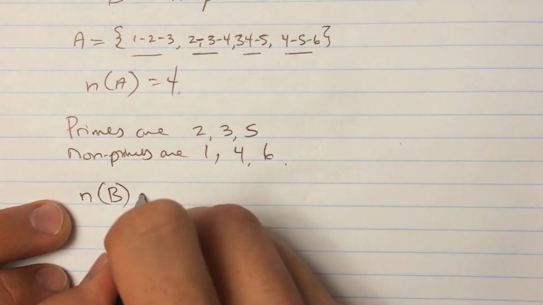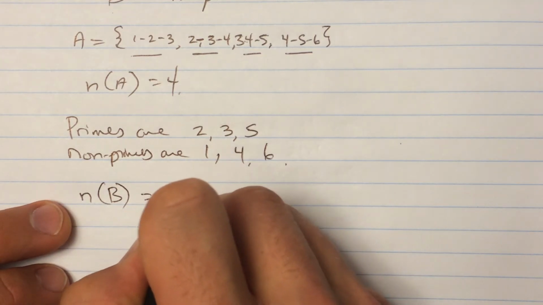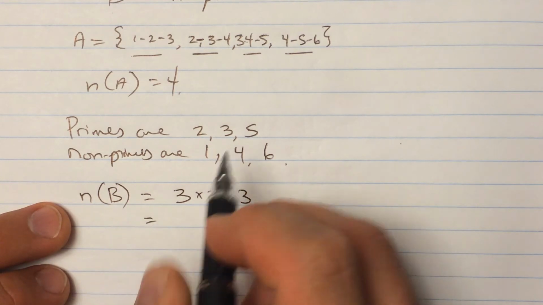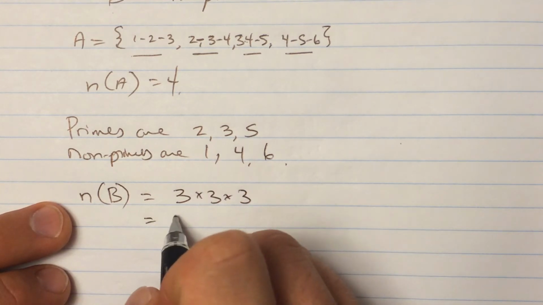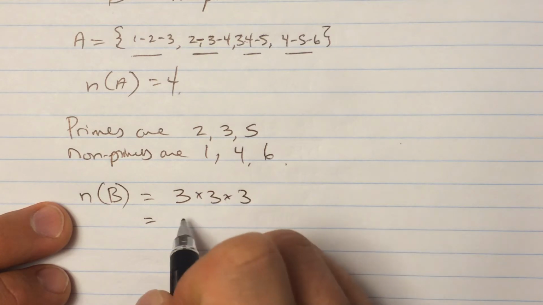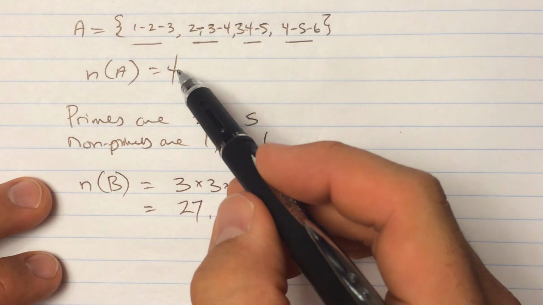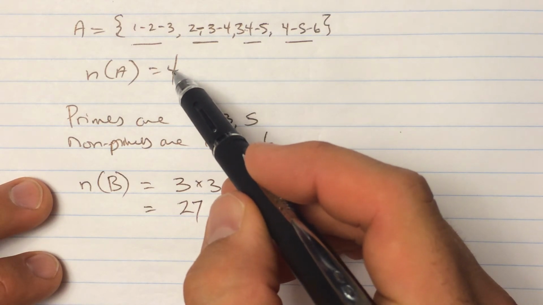So the size of set B then is 3 times 3 times 3, which is, let's see, 3 times 3 is 9, times 3 is 27.